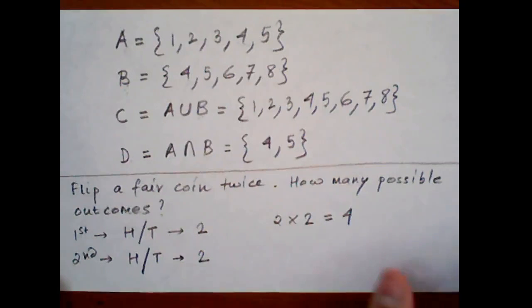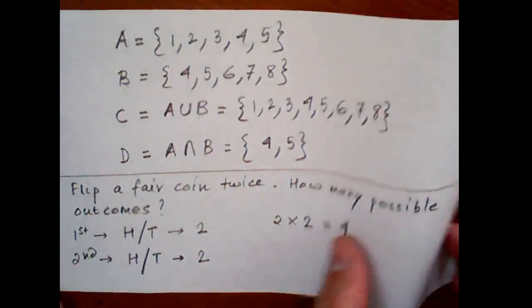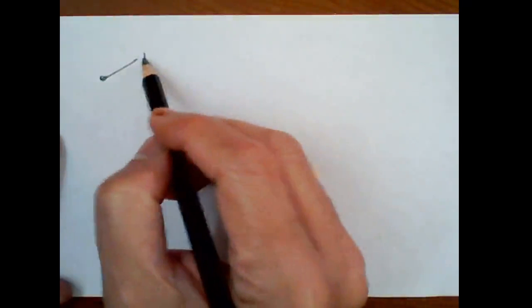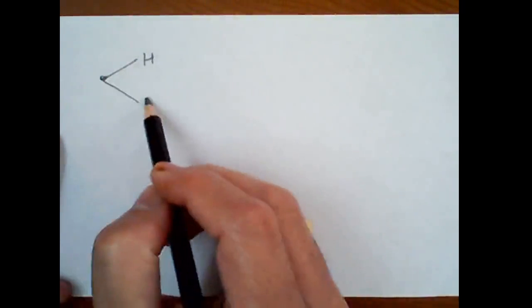Okay, so it helps to visualize how there can be 4 possible outcomes. So let us look at how we can see this actually happening. So you begin by saying that, look, we are going to do the first coin toss, in which case either you can have heads or you can have tails.